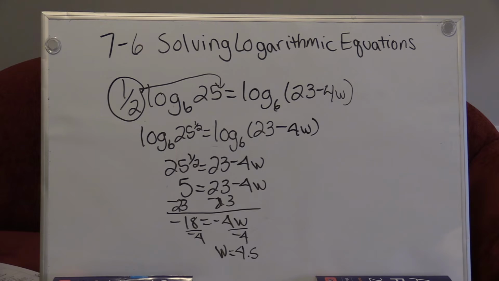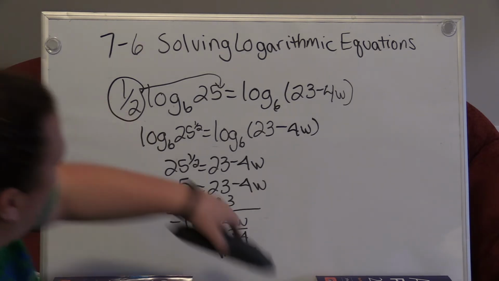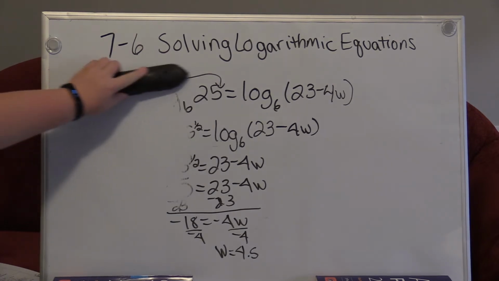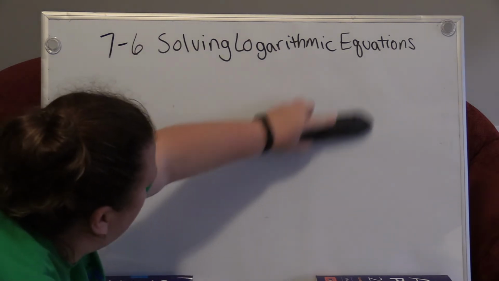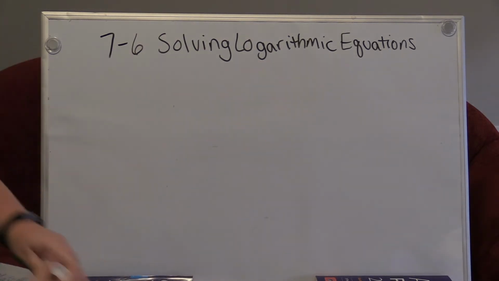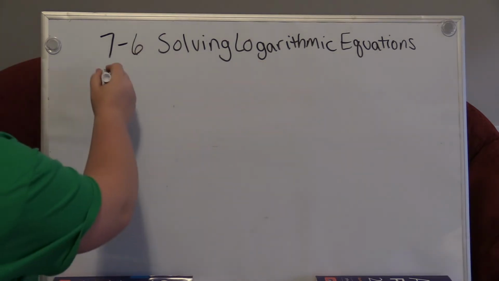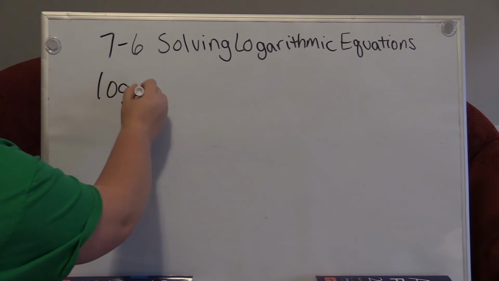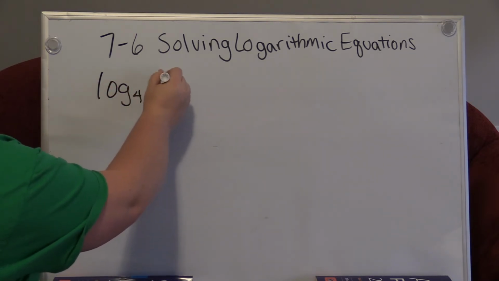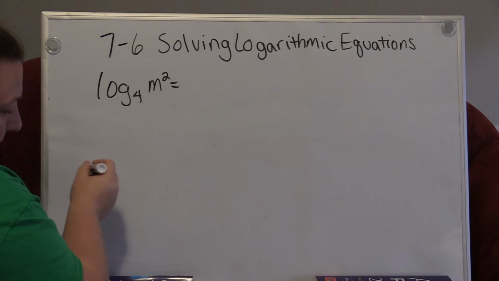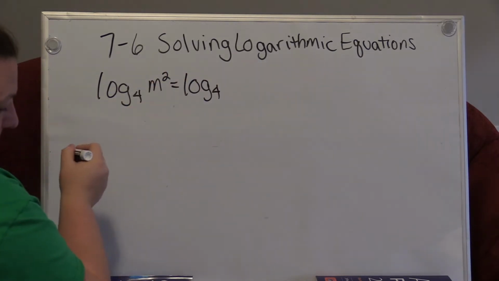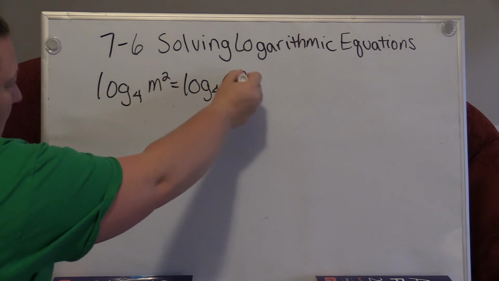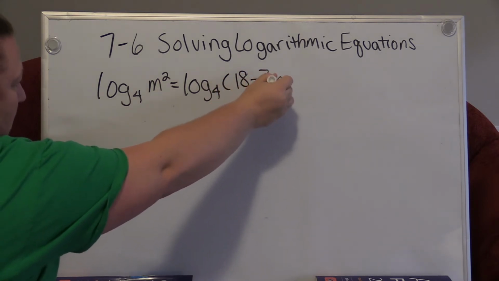So now let's do one more. Let's put one of these becoming a quadratic. That'll be lots of fun. So I have the log base 4 of m squared equals the log base 4 of 18 minus 7m.